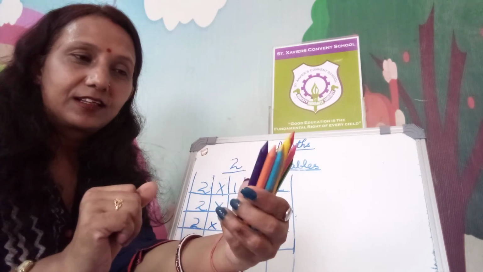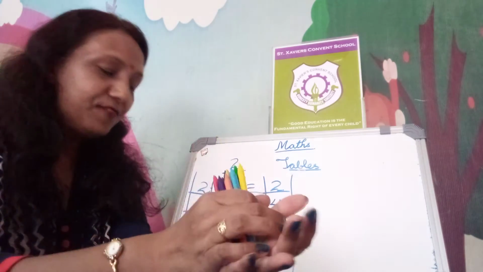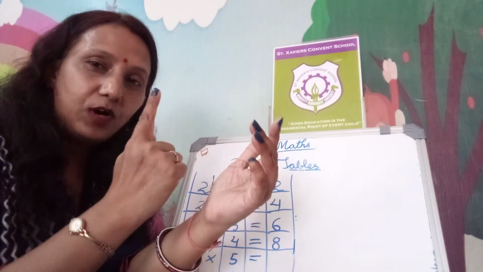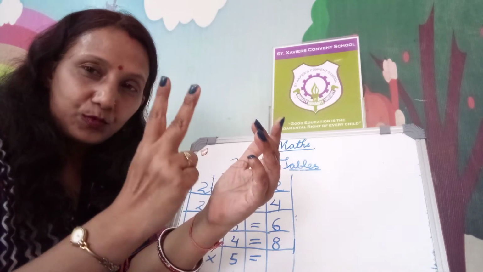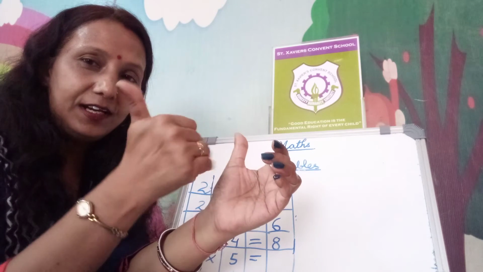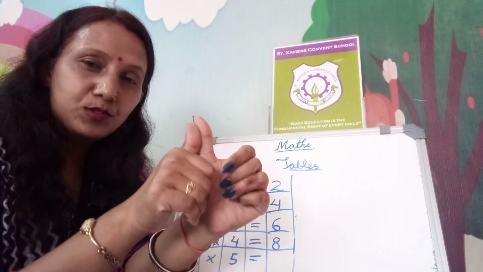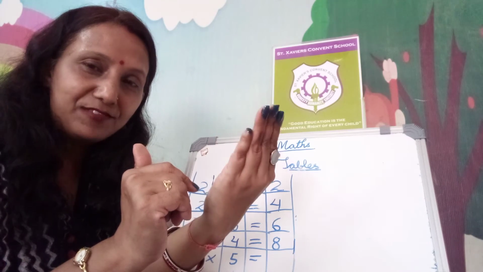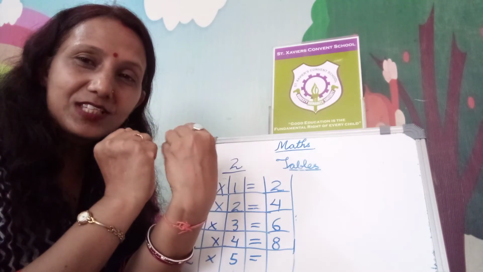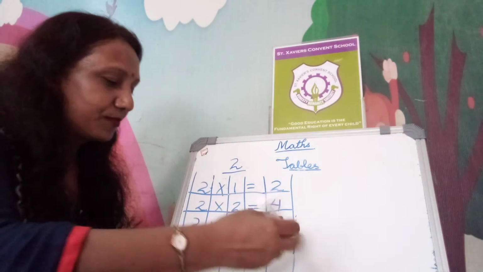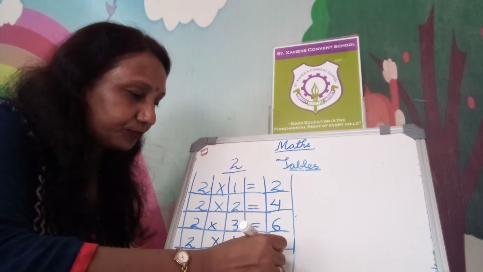Means what? 2 5s are 10. Like that: 1 times 2, 2 times 2, 3 times 2, 4 times 2, 5 times 2. So 2 5s are 10. Alright? 2 5s are 10.